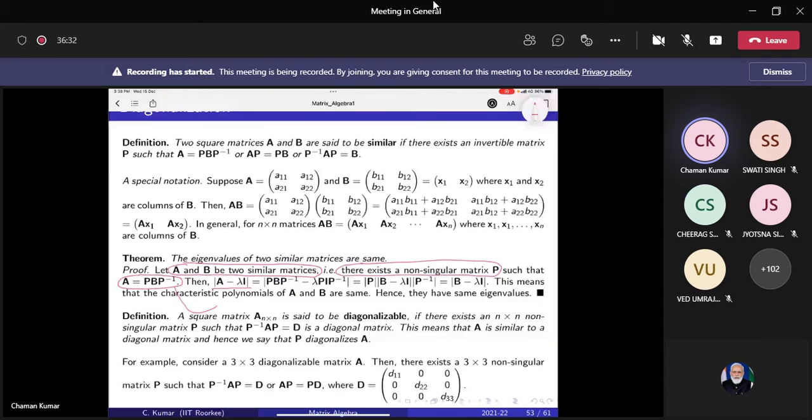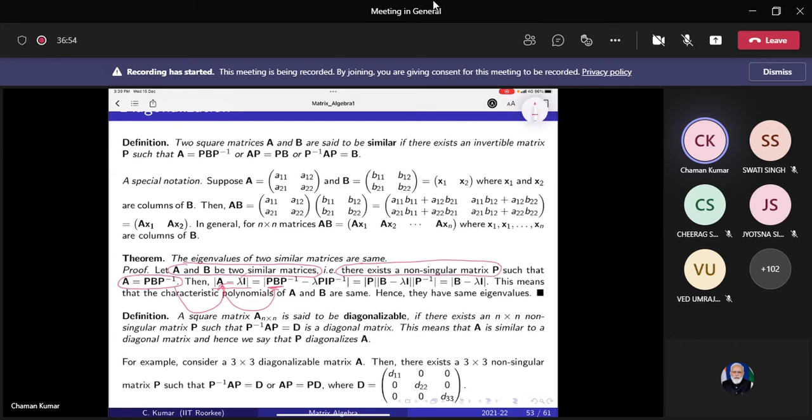We can substitute the value of A here. So this will be equal to determinant of PA, PB, P inverse. So you have this P, replace this. When you substitute the value of A, this becomes PB, P inverse.